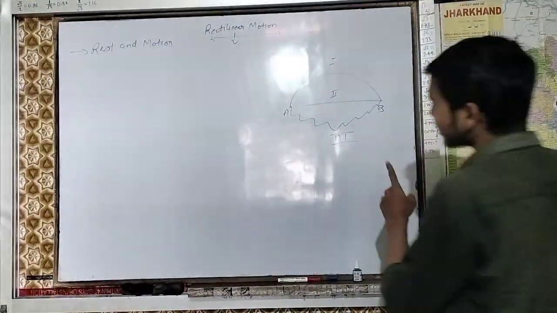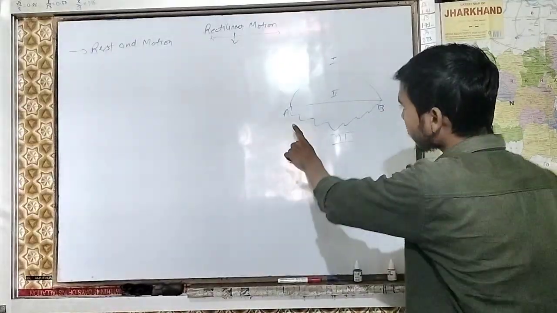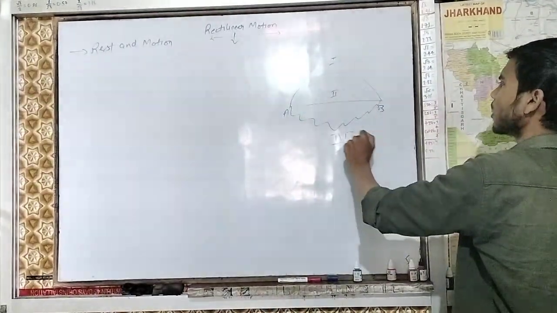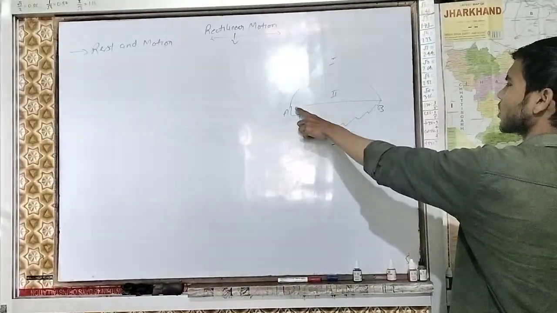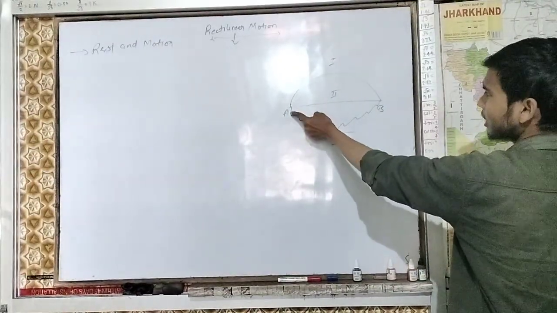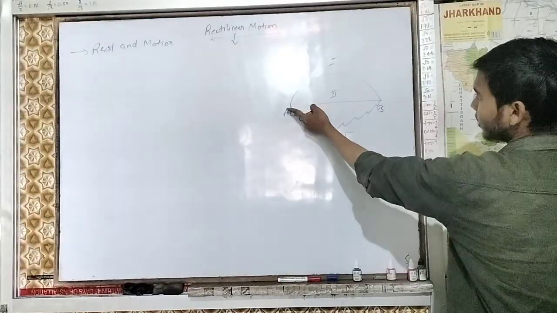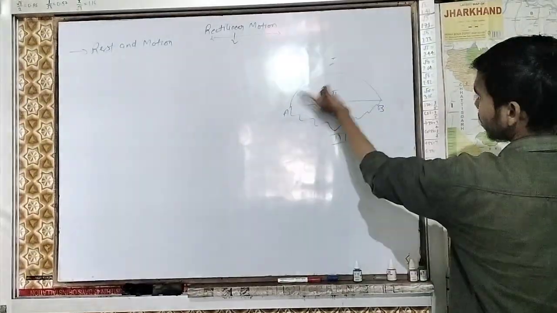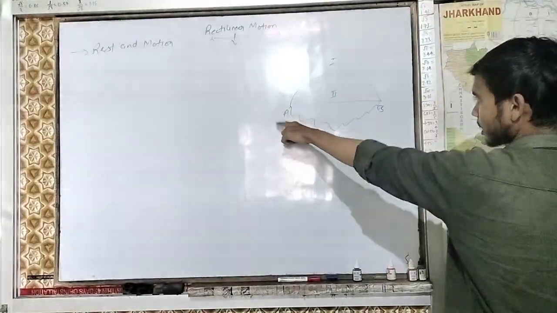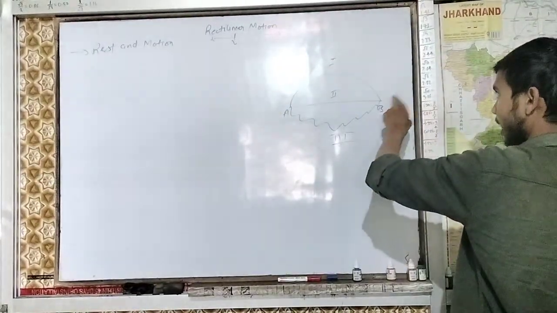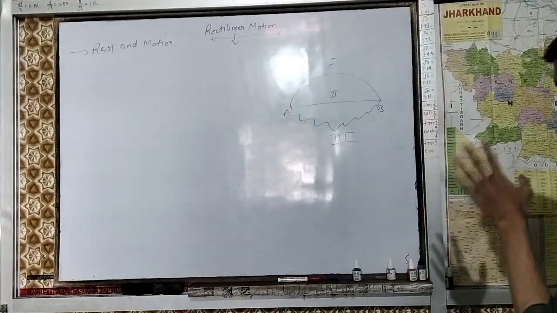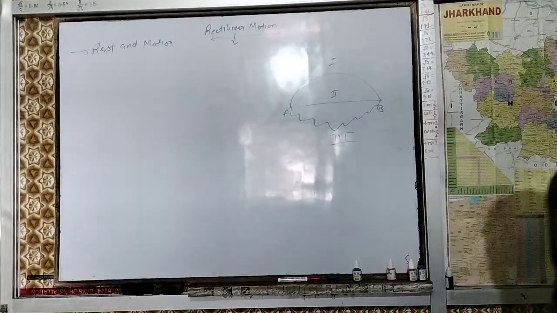Now, what it is saying is that there was an object that covered this much distance, and this same object covered from here till here, but it went through this path. In the third case, the same object went to the same location, but you can see the road is different.